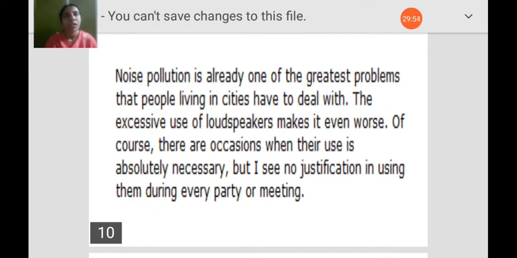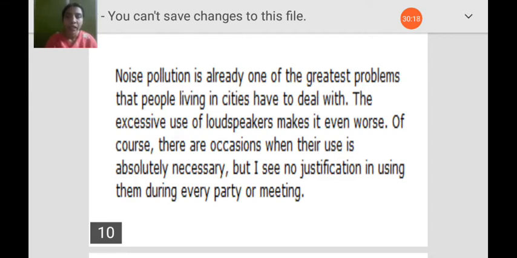As in the hints given, we are saying that it is the greatest problem the city is already facing, because in the cities, the noise pollution of buses, cars and all the vehicles is very high.